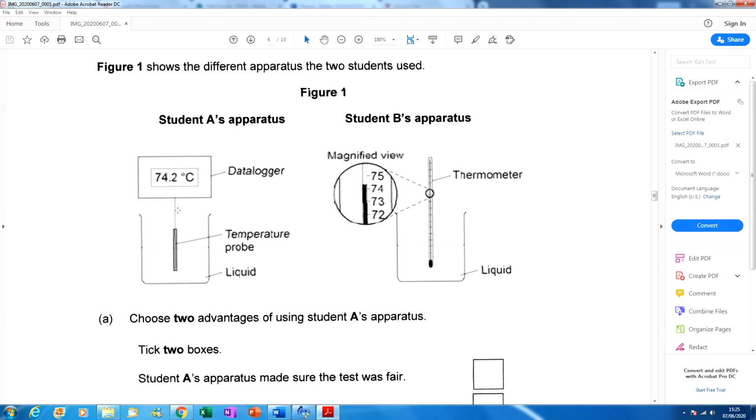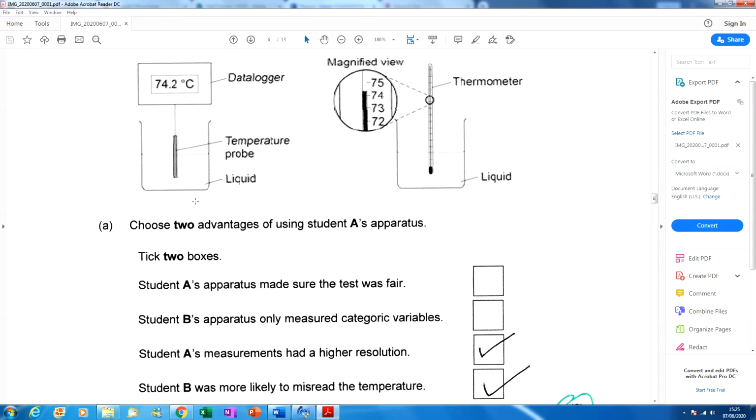Student A has a temperature probe, and it can measure to a resolution of 0.1 of a degree centigrade, whereas the thermometer, which student B has, has a resolution, the lowest thing it can measure which isn't 0, of 1 degree centigrade. So two advantages of student A's apparatus.